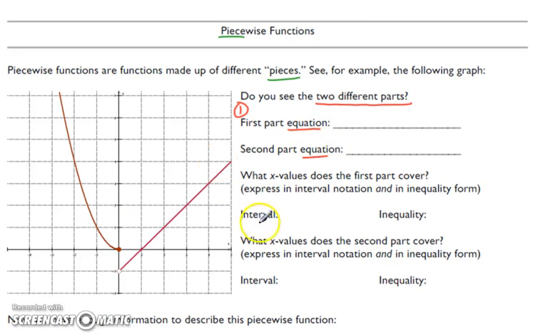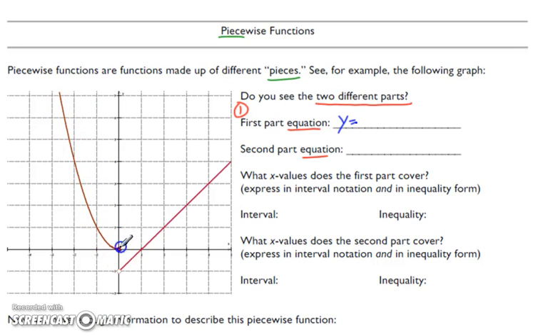So, looking at the first part, we have to kind of visualize if this was continuing this pattern, what kind of function would this be if it was a whole picture, right? I know it's only part of a picture, but if we pretend like we had the whole thing, what function would that be? So, y equals what? Well, I can see that it's sort of parabola shaped, yes.